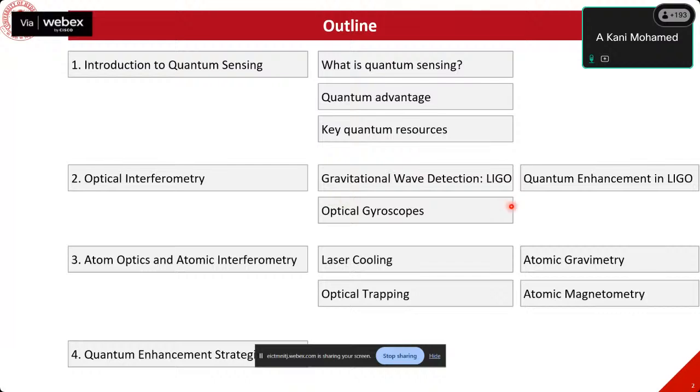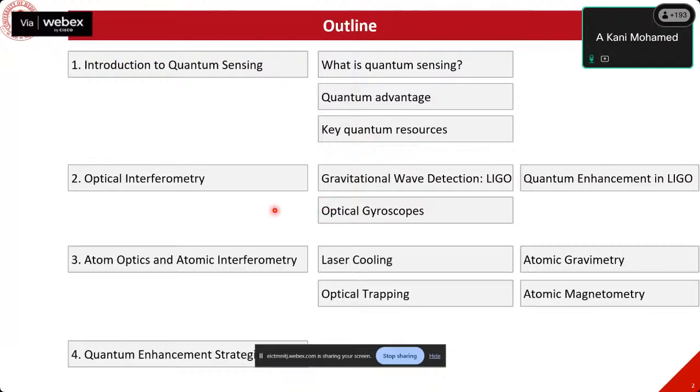Then I will talk about quantum enhancement in the laser interferometric gravitational observatory. And I will slightly discuss the optical gyroscope, which also involves laser interference to detect the rotation of an object.